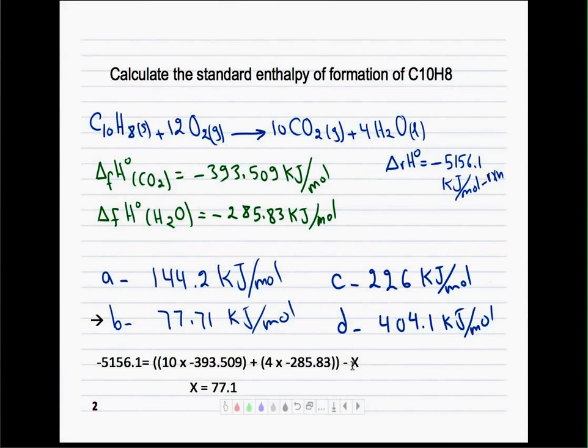So you multiply this by this by that, and then move terms to the other side of the equation, in case you don't know how to solve one equation with one unknown. And then you calculate the delta HF. So you're solving for delta HF, and the delta H formation of C10H8, B, is the right answer, which is 77.7 kilojoules per mole.